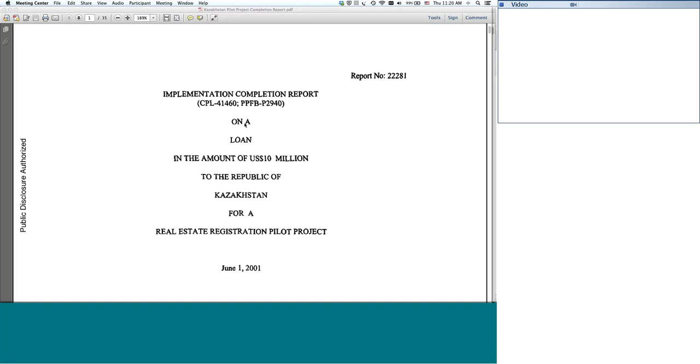It was pretty much an education process, to educate the people in charge of the government that were interested in land or housing or construction about the need for a real estate registration system, and they had to convince themselves who would be the best agents to put this in place.